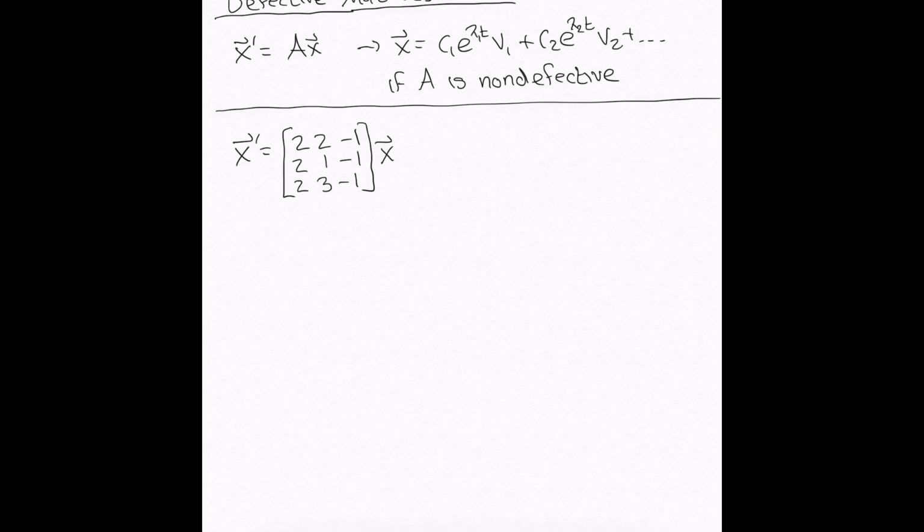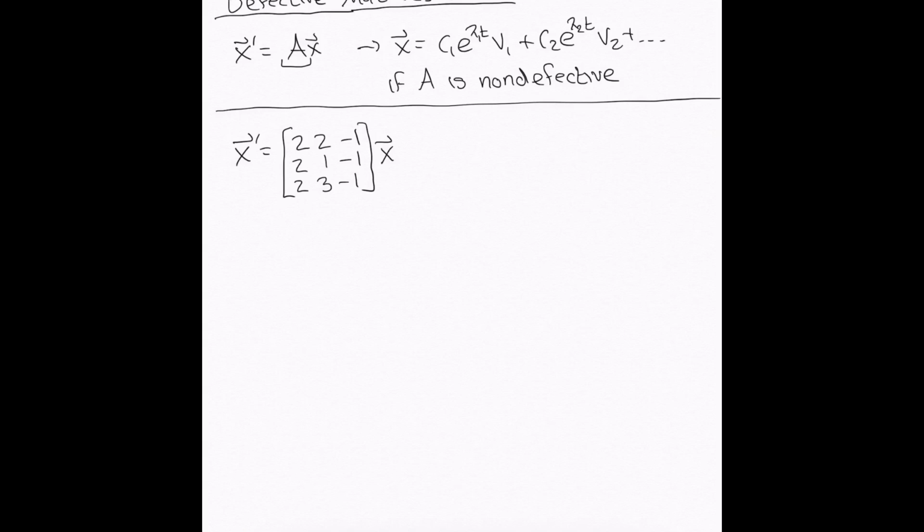So last video, we talked about how to solve systems of differential equations when you had a non-defective matrix. So we have this setup, the derivative of x is equal to Ax, and x is just a vector. So it's a system of equations that we have going on.